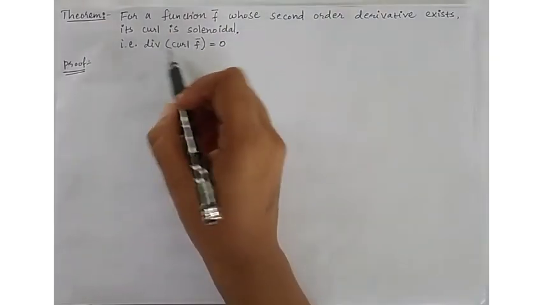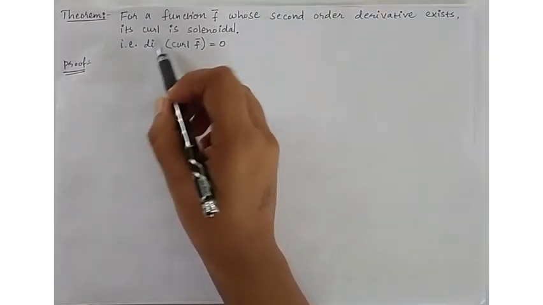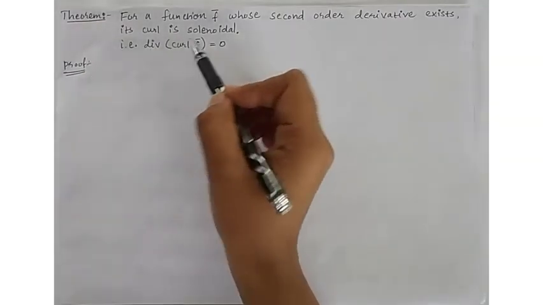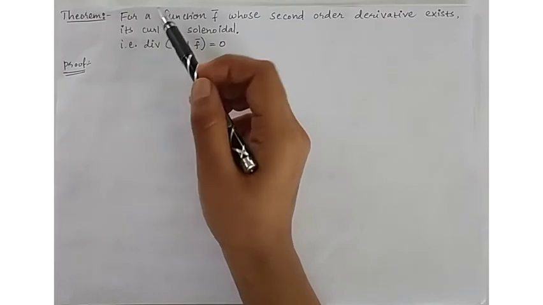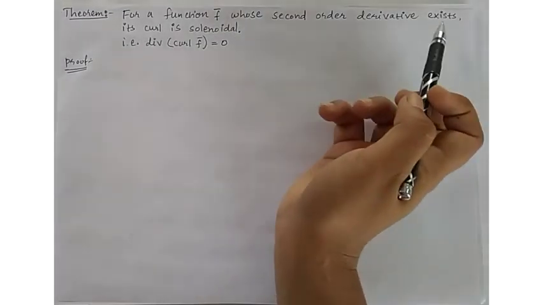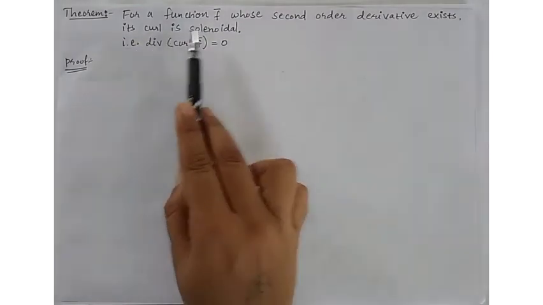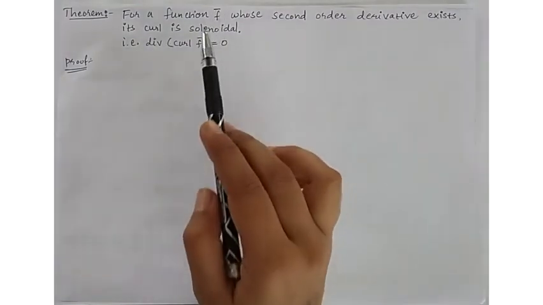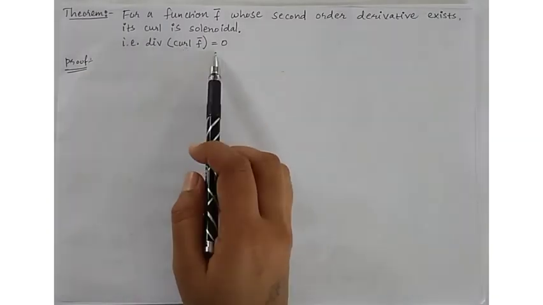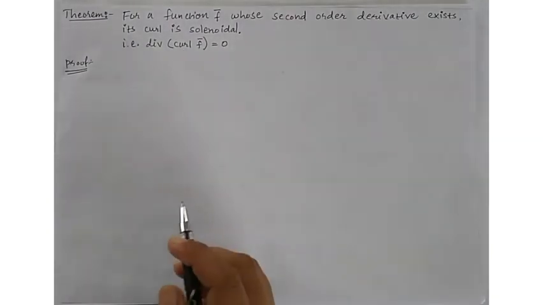It means we have to prove that the divergence of curl f bar is 0. So in an exam, if you are asked that for a function f bar whose second order partial derivative exists and its curl is solenoidal, it means you have to prove that divergence of curl f bar is 0.